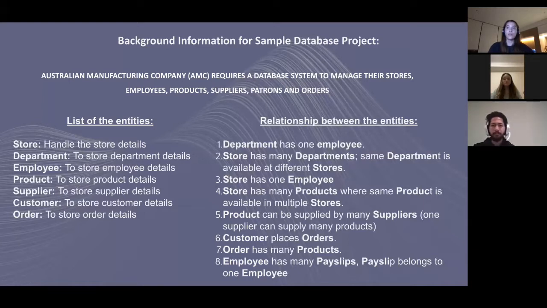Records of the products are kept as inventory in stores. Customers order from a store, and the concept of fulfilling orders from different stores if a product is unavailable in the internet store is not applicable to AMCA.